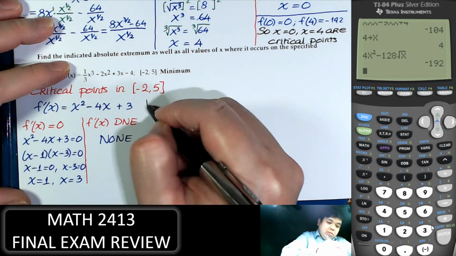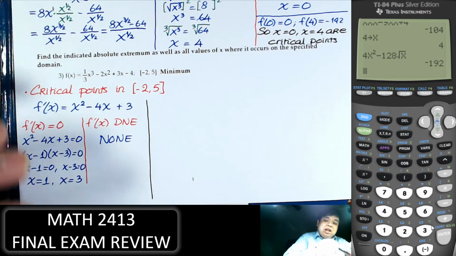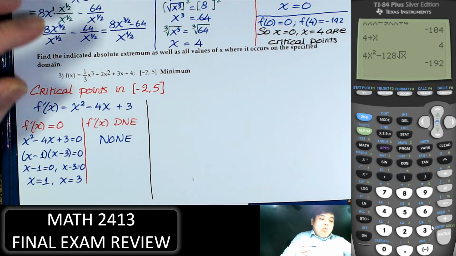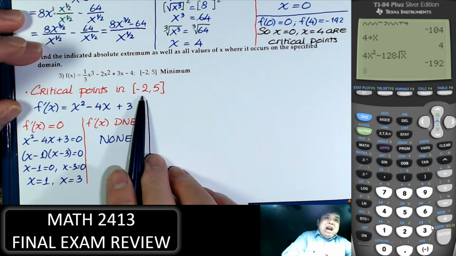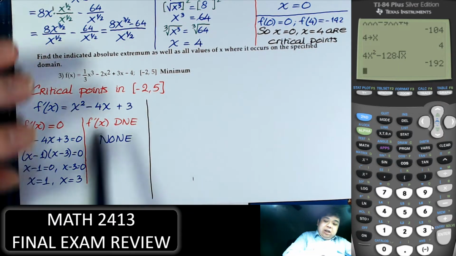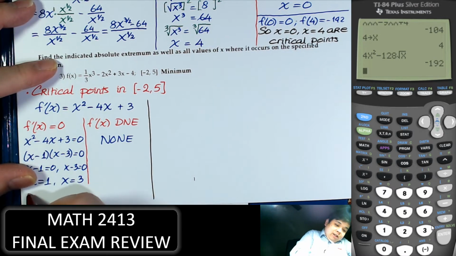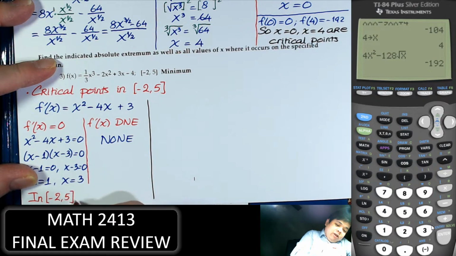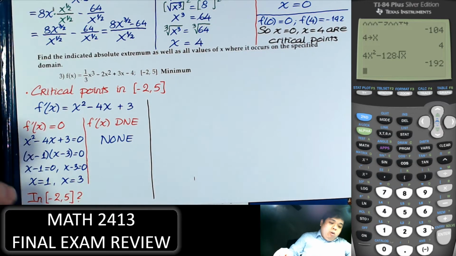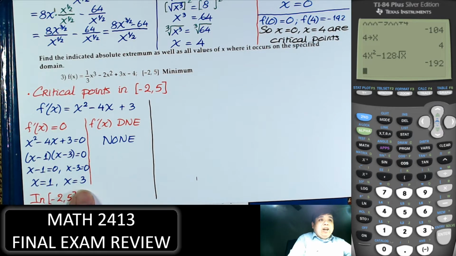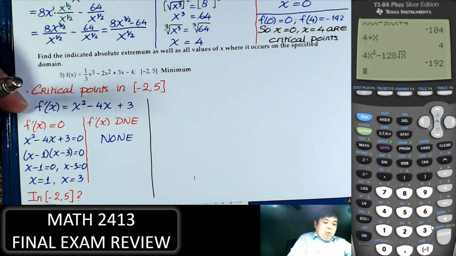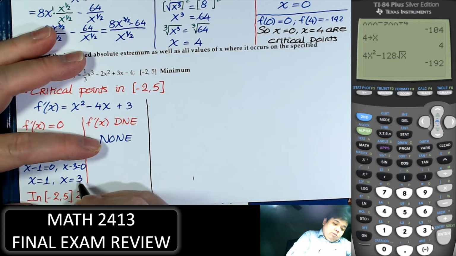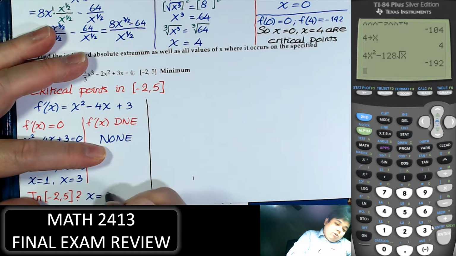Now, we do need to make sure that it is in the domain. In the domain of -2 and 5, we have both of those points. If we had like -3, -3 would not be in this interval. But in this case we have x equal to 1 and x equal to 3.